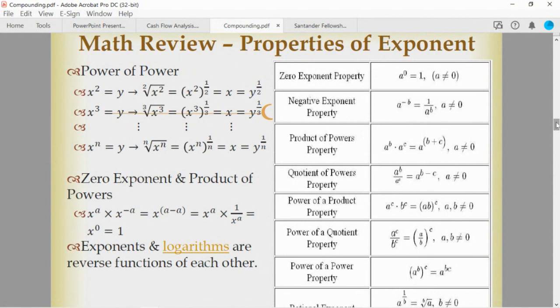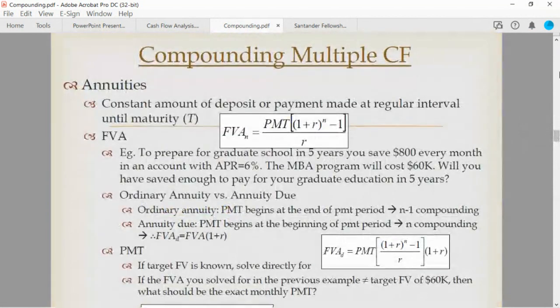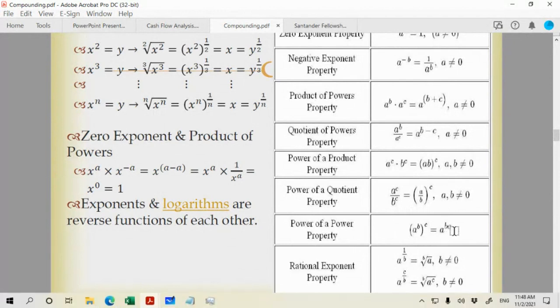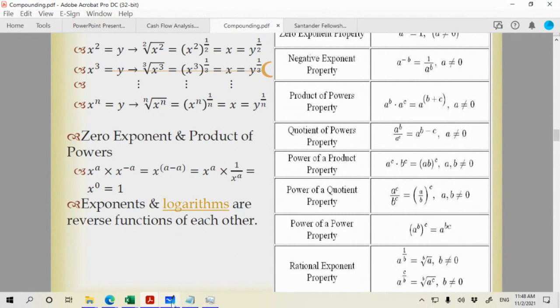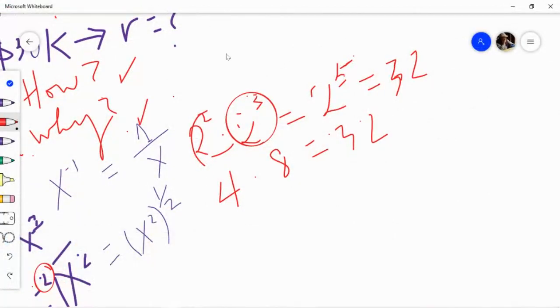Now, the power of power property. A raised to b, and that thing raised to c, is a raised to b times c. And let's do a simple example.